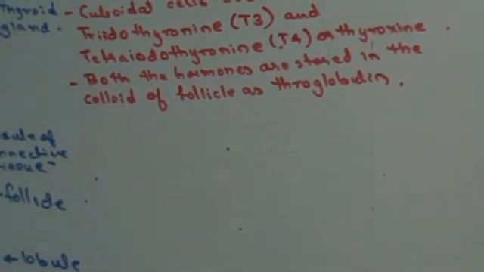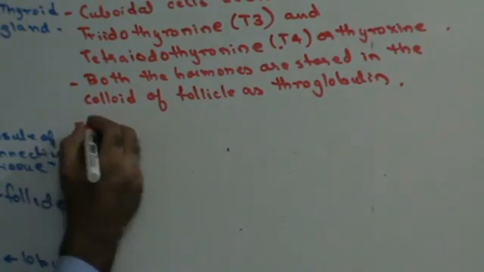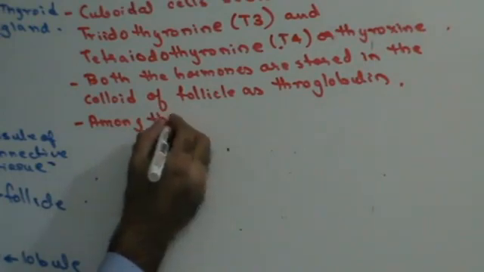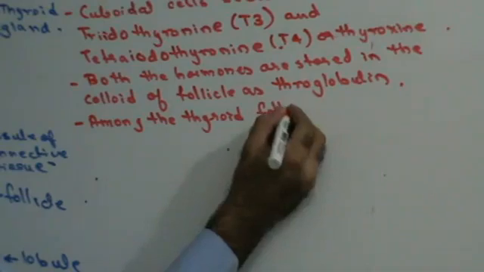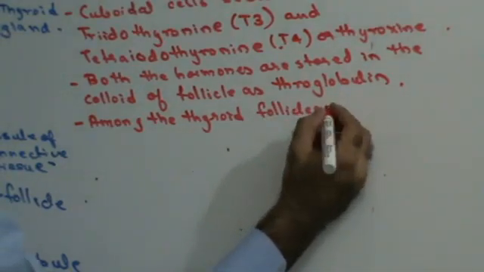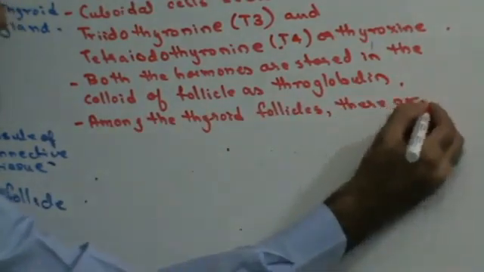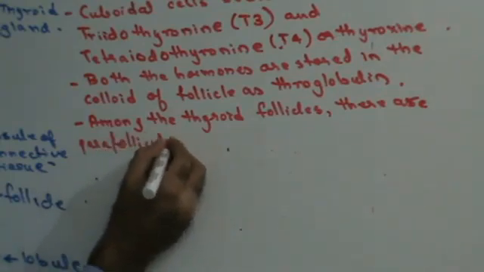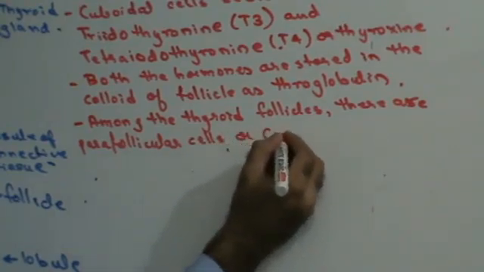Now among the thyroid follicles, there are parafollicular cells, which are also called C cells.